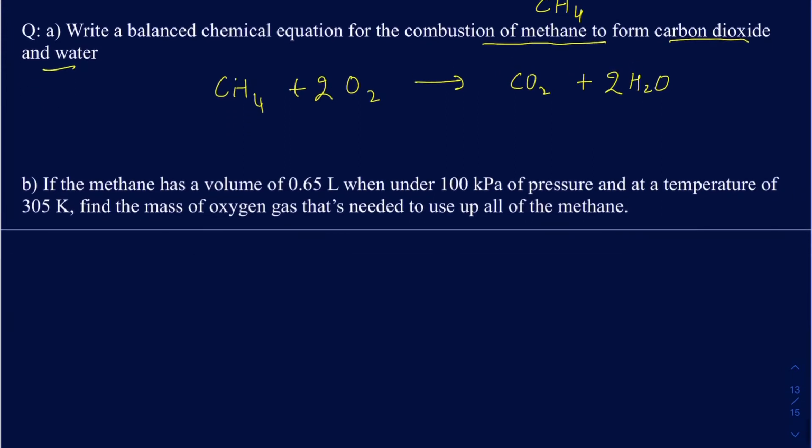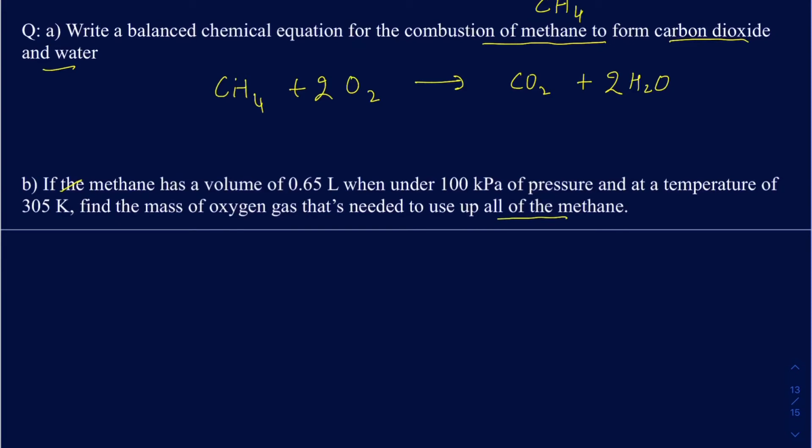So now the second part of the question says if methane has a volume of 0.65 liters when under 100 kilopascals of pressure and at a temperature of 305, find the mass of oxygen that's needed to use up all the methane.